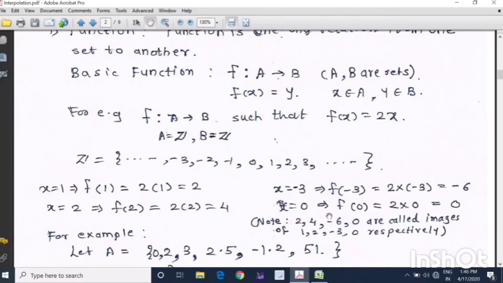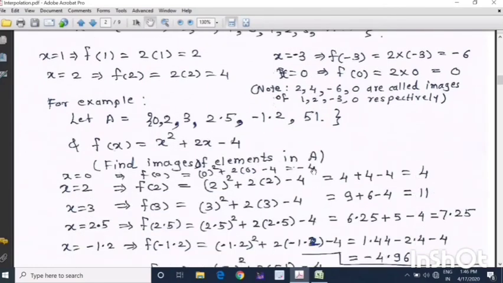When x equals 0, f of 0 equals 0. So these numbers 2, 4, minus 6, 0 are called images of the elements 1, 2, minus 3, 0 respectively. That's why B is also called the image set. Let us take another example.